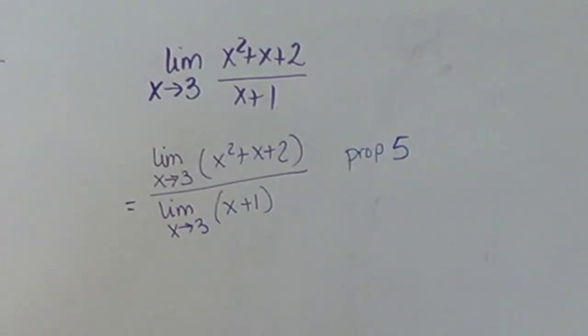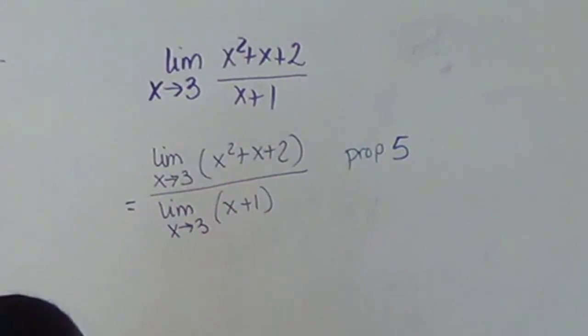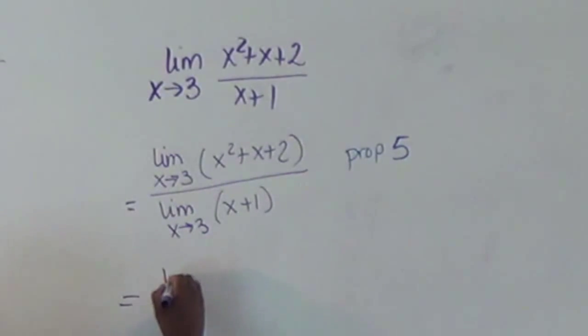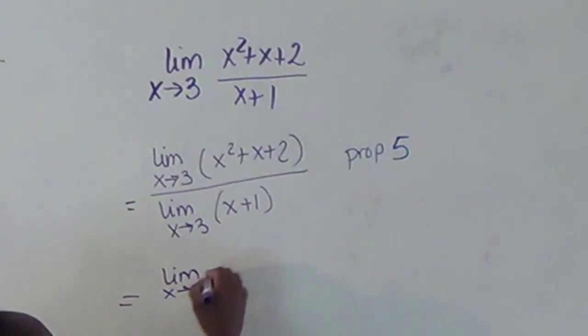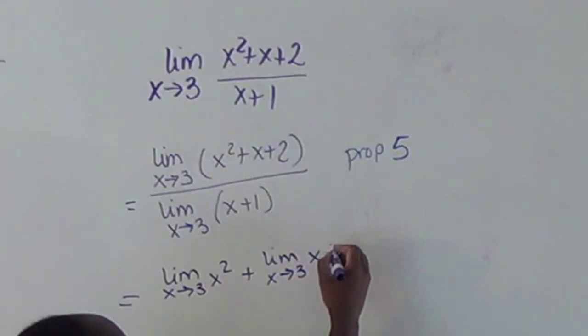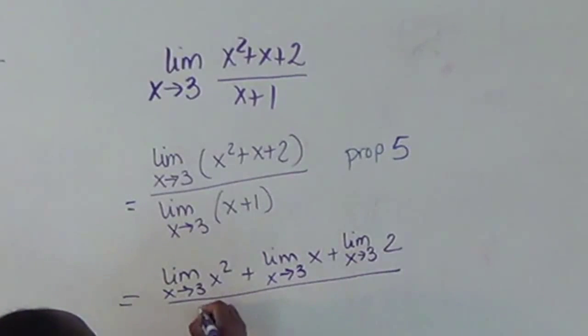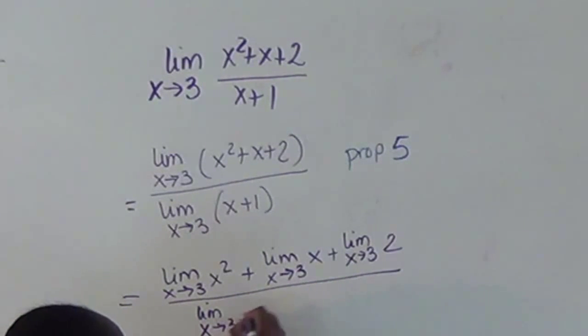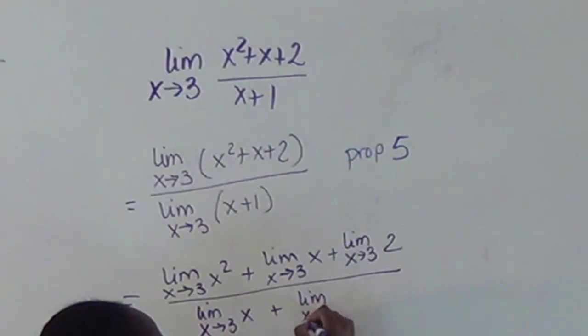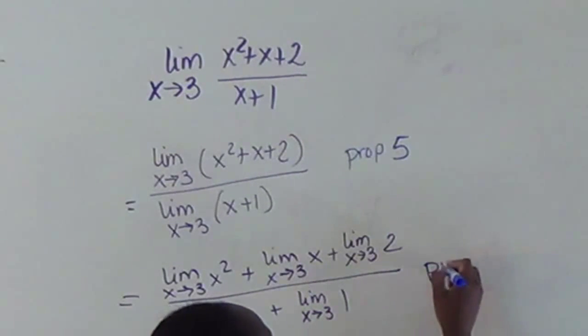Okay? From there, we're doing a lot like what we did with the polynomials. So from there, we can separate out all of the additions into individual limits. And again, this was property 1.